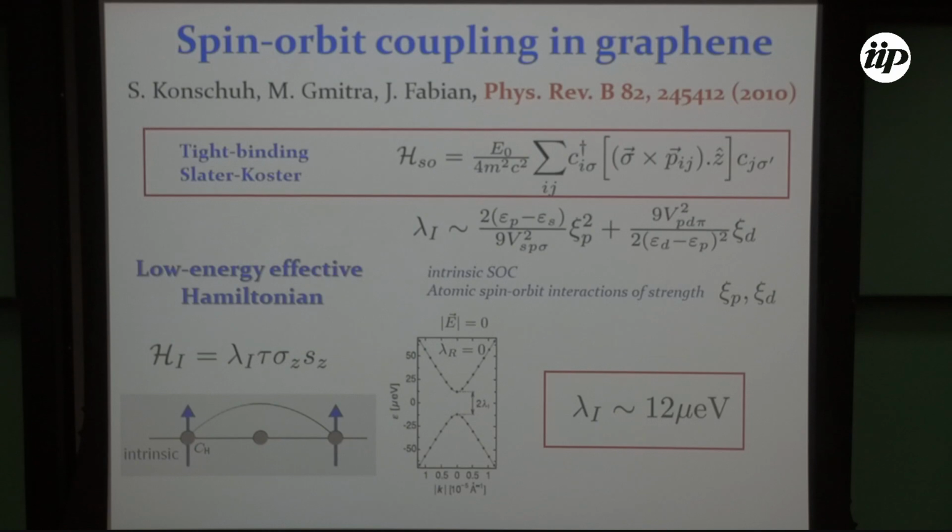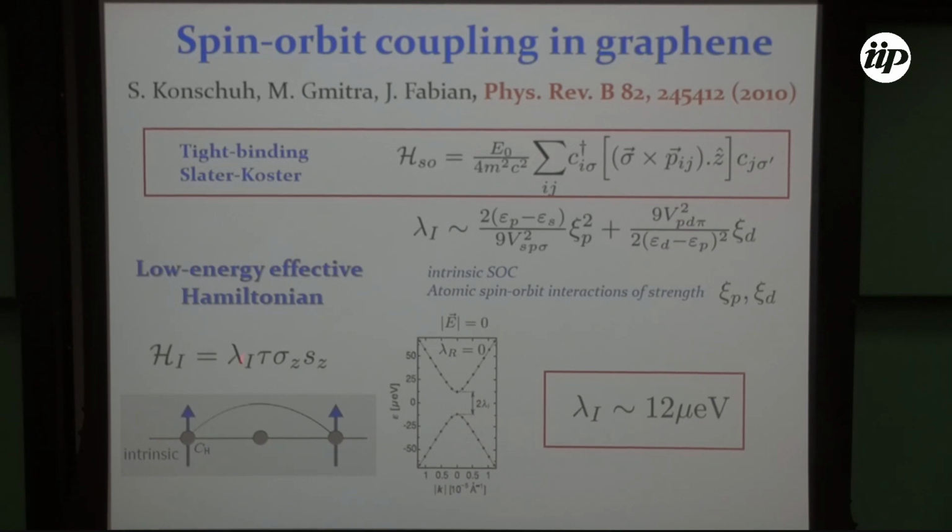So what's going on? We have mainly two important spin-orbit coupling origins. One is related to the atomic interaction between orbitals. And this gives rise to the so-called intrinsic spin-orbit coupling, which is complicated, depends on the type of orbitals that are in interaction.